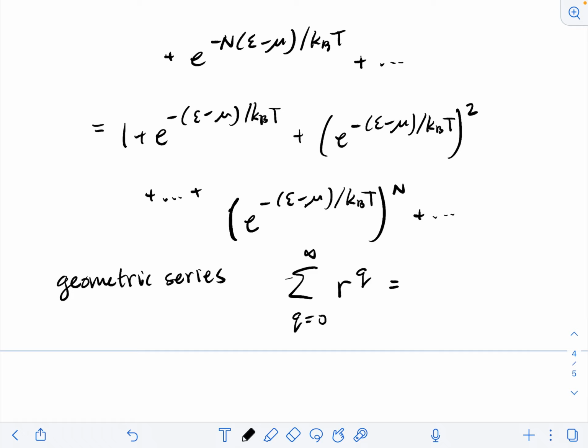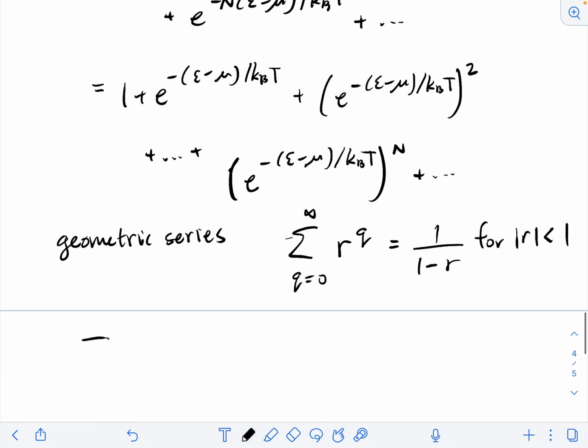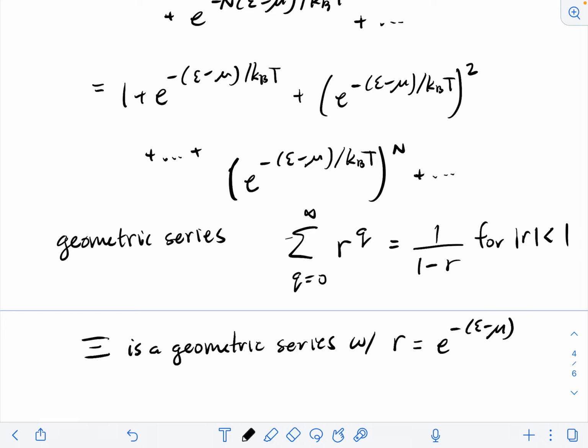That sum is equal to 1 over 1 minus r, provided that the absolute value of r is less than 1. Okay, so in our case, the grand partition function is a geometric series with r equal to e to the minus epsilon minus mu over kBT.